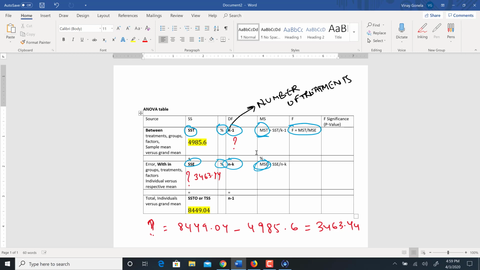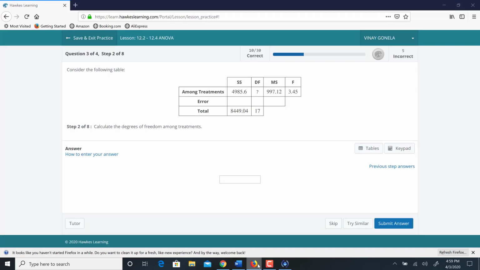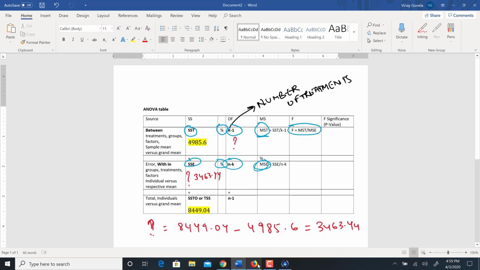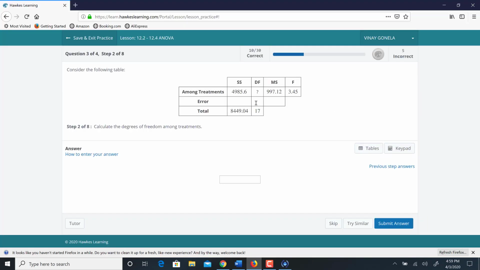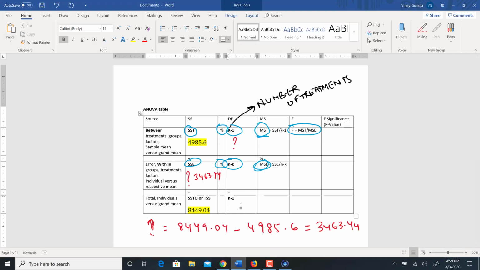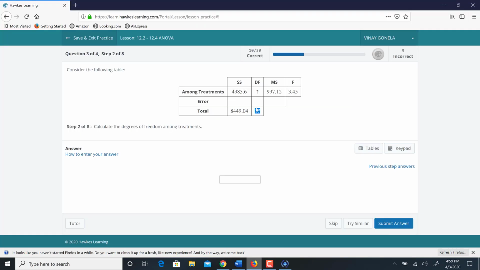They gave you this as 17. So this value is 17. How about this? They gave us this also. Let me see what that is.